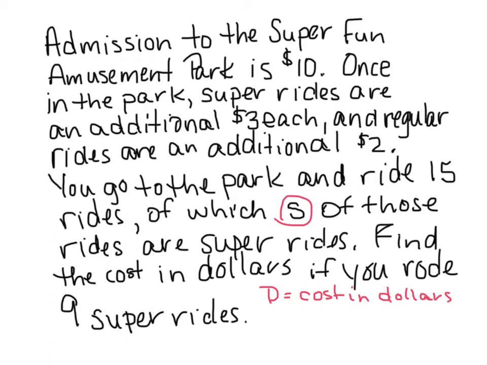Well, S is our variable here, and S is going to stand for the super rides. Since I'm going to have to go on to another page, make sure that you have this problem written down so that we can refer back to it.